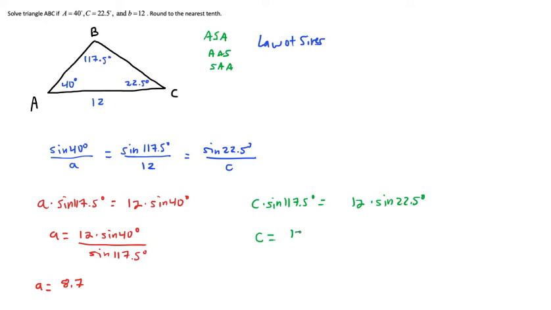So C is going to equal 12 times the sine of 22.5, and all of that divided by the sine of 117.5 degrees. Similarly, don't round any intermediate steps. You just want to punch this in your calculators without clearing it out or rounding to your nearest tenth each time. Once you find this value, you should get 5.2 if you round that to the nearest tenth.